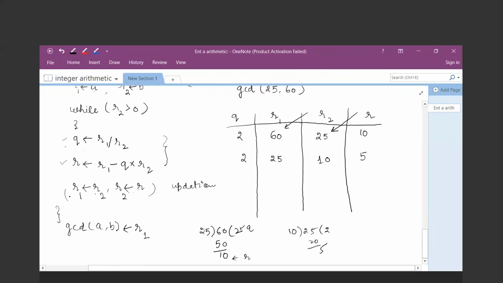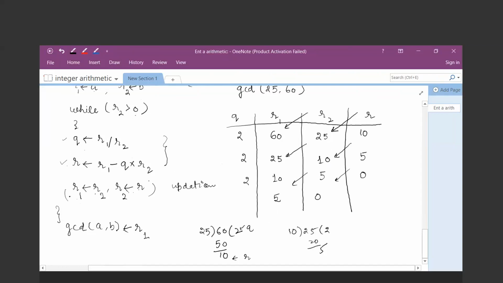Now the first step is completed, the second step is completed, and then update the values again, shifting left. So 10 will be here and 5 will be here. Now again find the quotient. The quotient is 2 and the remainder is 0. Again shift left, 5 and 0. Now check the condition again: R2 is greater than 0? The condition will be false.